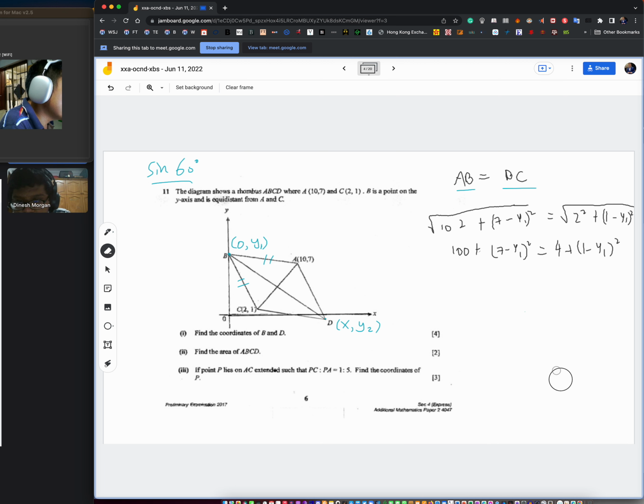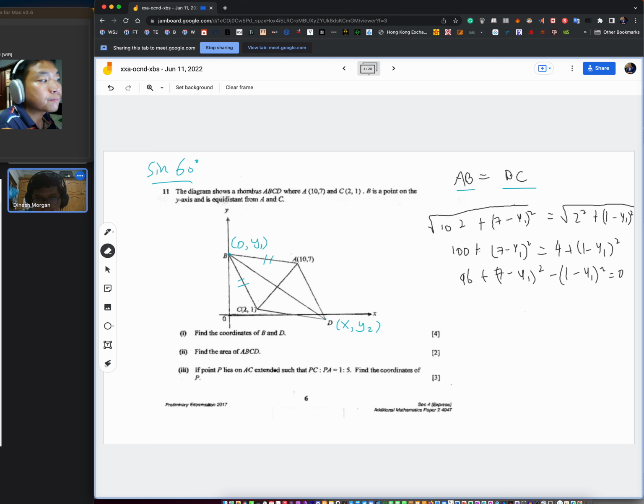Yeah, so you end up with a quadratic equation, you just solve for y1. So that you get individual terms.